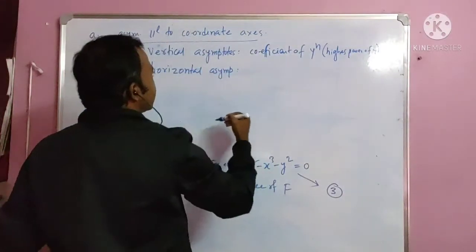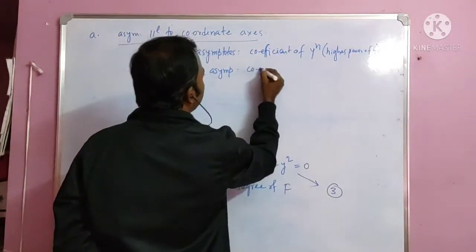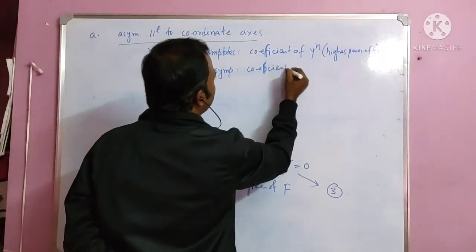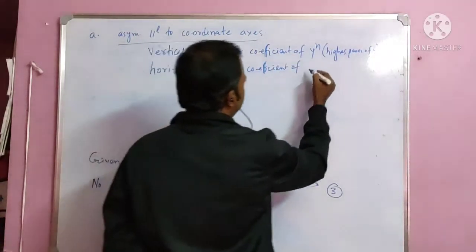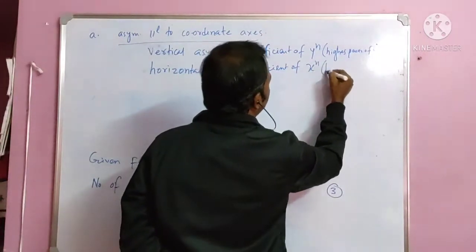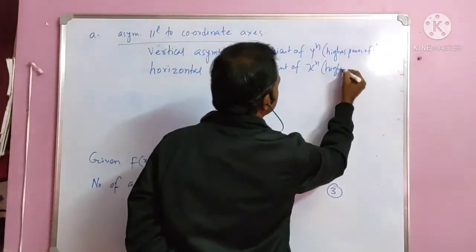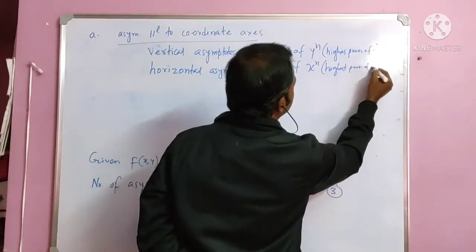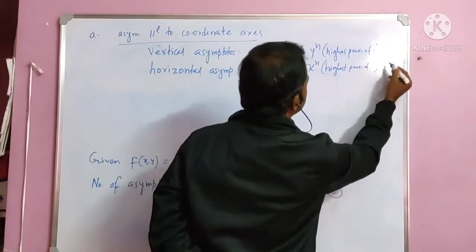And for horizontal asymptotes, the coefficient of x to the power n, the highest power of x, equals 0.